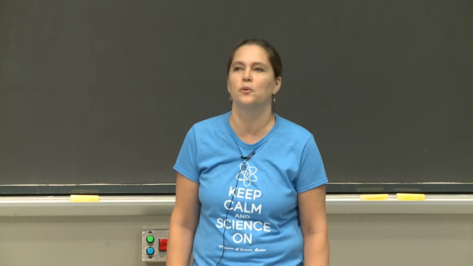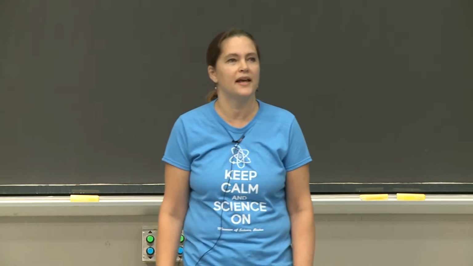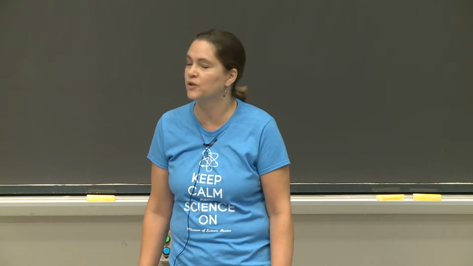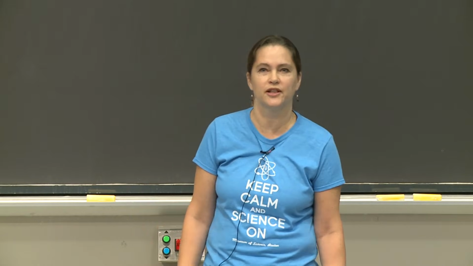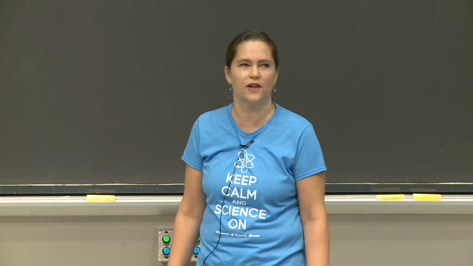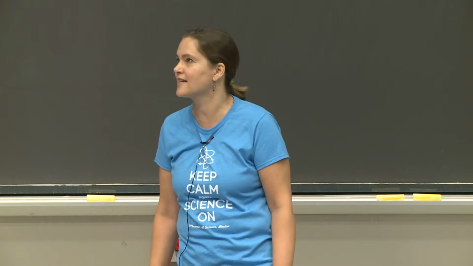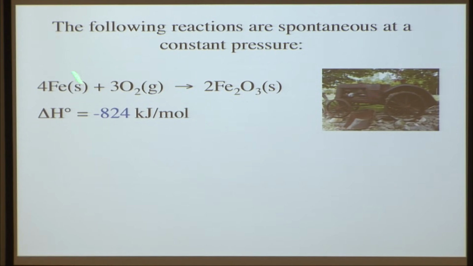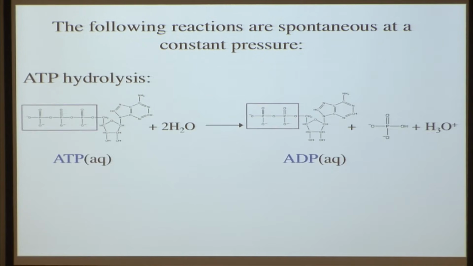If you're new to New England and you're from a part of the country that doesn't get so cold, you'll look at people's cars and you're like, wow, look at all that rust all over them. Yes, rust happens, especially in New England. And delta H here is negative. Is this endothermic or exothermic? Exothermic, minus 824.